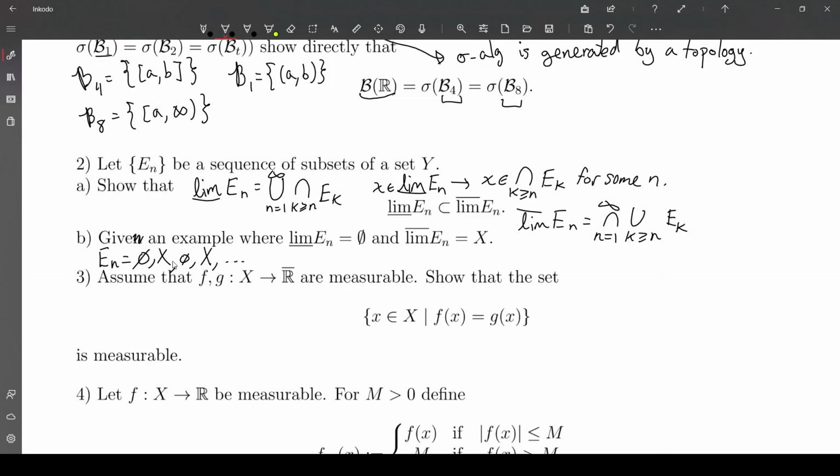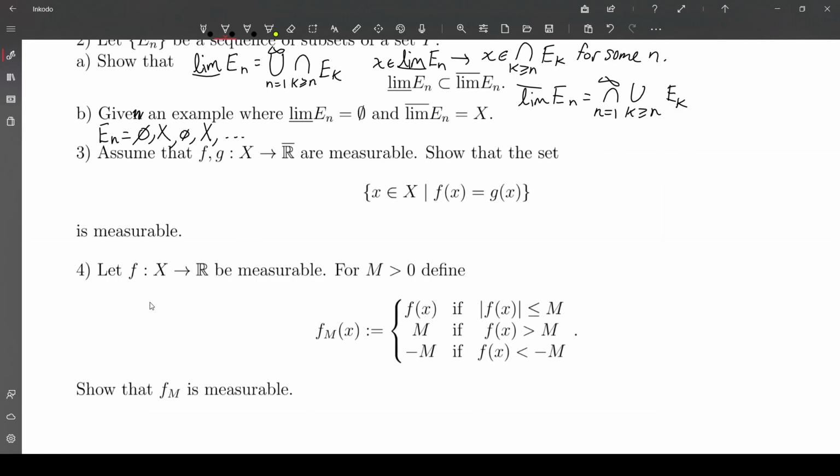And the reason this works is because these intersections here are always going to be empty, because you're always going to have an empty set in the intersection. So then you're unioning a bunch of empty sets, so that's just going to be empty. And then here, your union is always going to be X because you'll always have an X term in your union. So you're intersecting a bunch of X's, and so that's going to give you X. Okay, so this is kind of a trivial example.